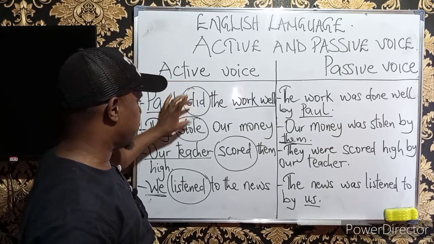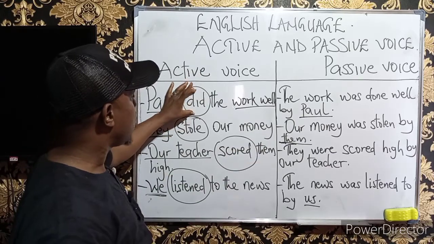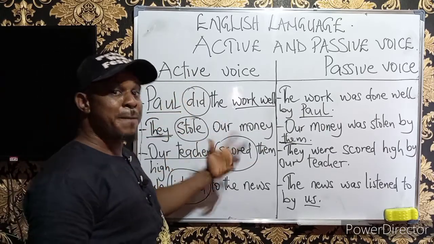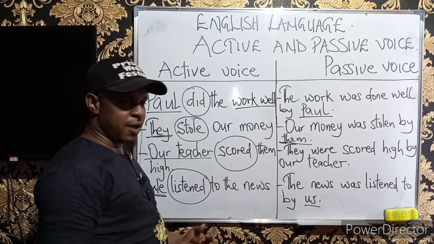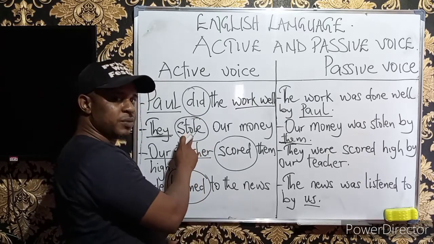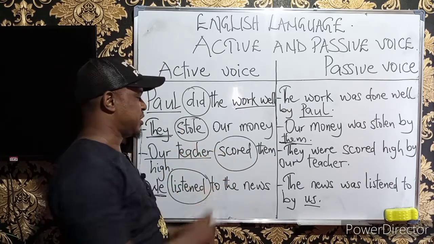The verbs obtained under the active voice expression are all in the simple past tense. Did, the present tense of it is do. This is stole. The present tense form of it is steal.